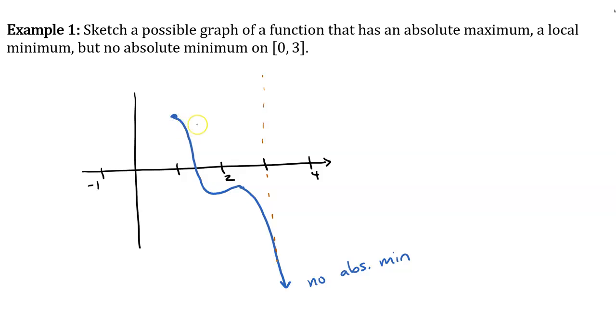And it can't go anywhere higher because that would give me no absolute maximum. So I'll just go back down and I'll end it right there. I could keep going that way just like a sine wave, but since I'm only interested in the interval from 0 to 3, this is enough.